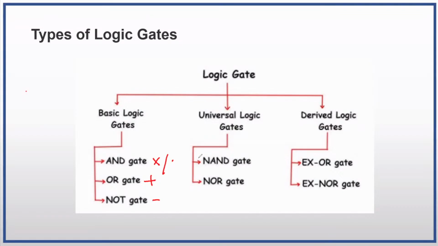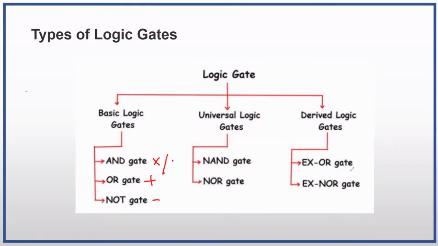So there are three basic logic gates, and under the universal logic gates we can find the NAND gate and NOR gate. And finally, the derived logic gates are combinations of these two types of logic gates, and they have special tasks.